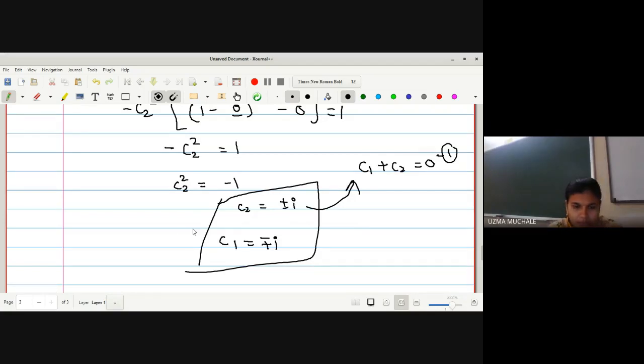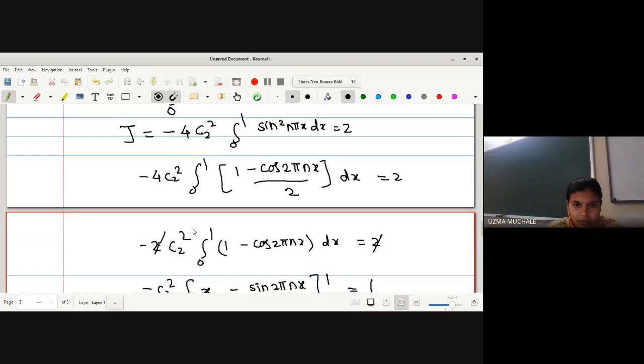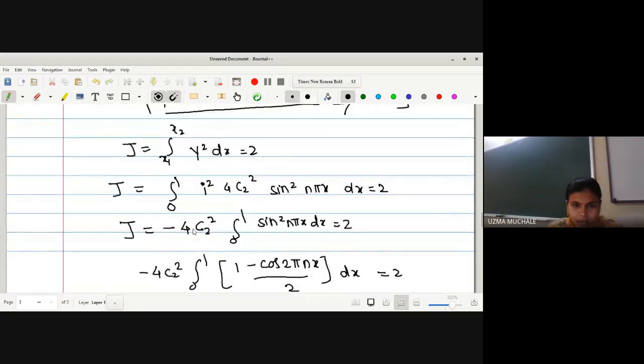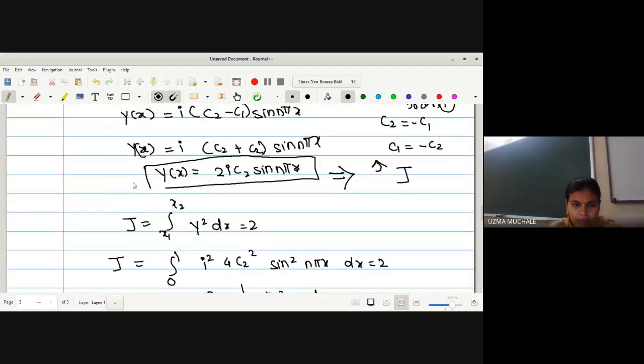Now put all these values in our equation, the solution we have obtained. Let us name it as star.